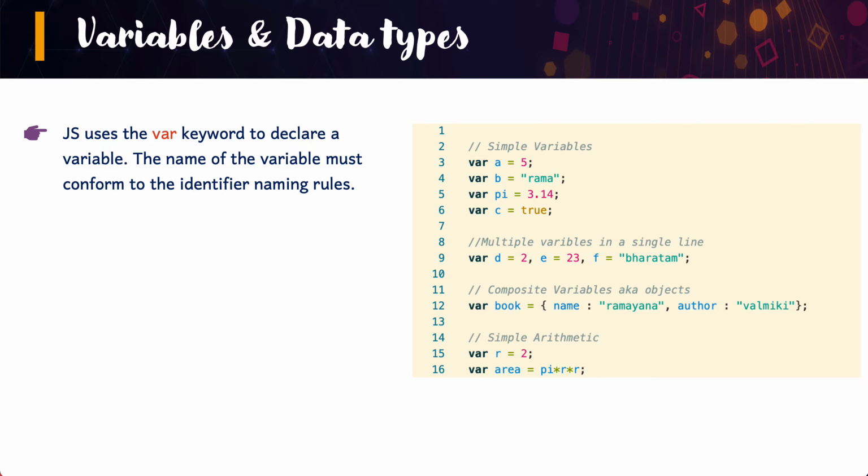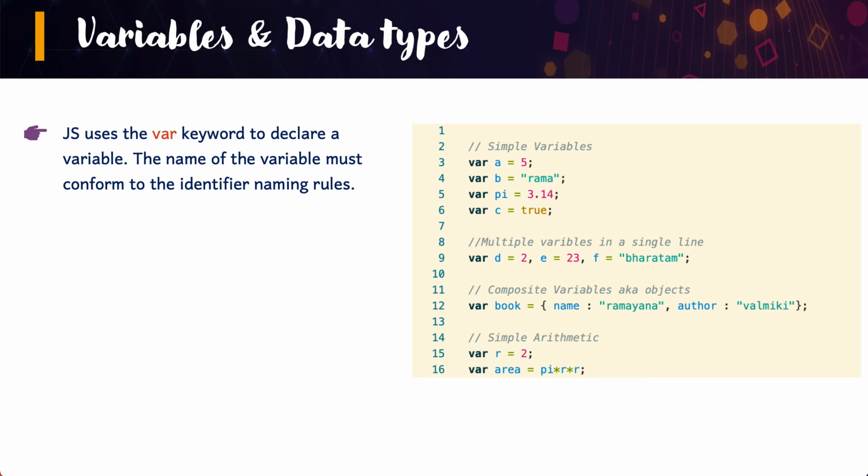So, we'll use the var keyword to declare a variable, and the name of the variable must conform to all the identifier naming rules. You can see lines number 3 to 6. These are all different simple variables that are being assigned different kinds of literals.